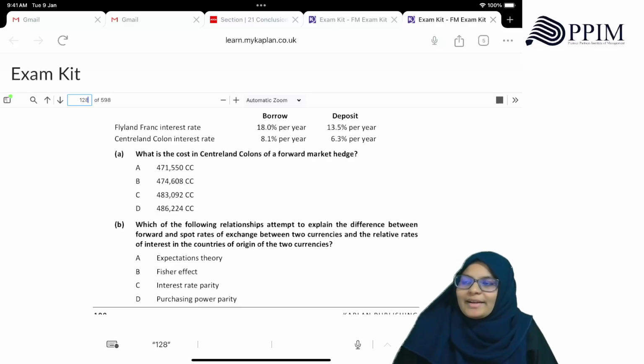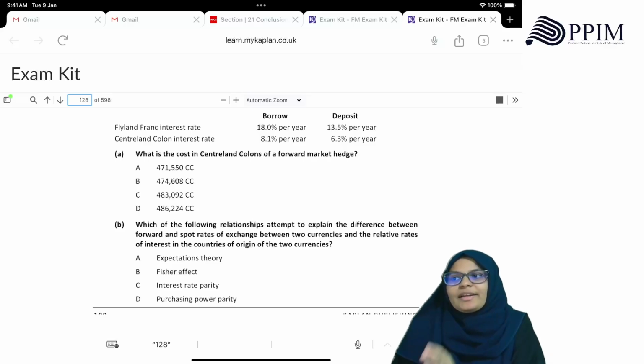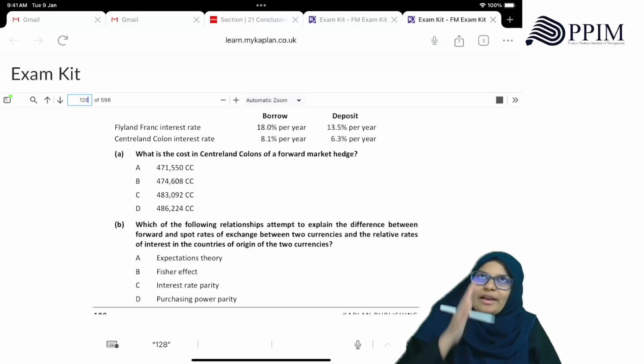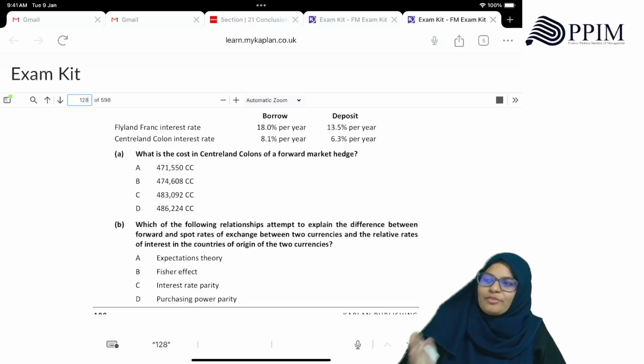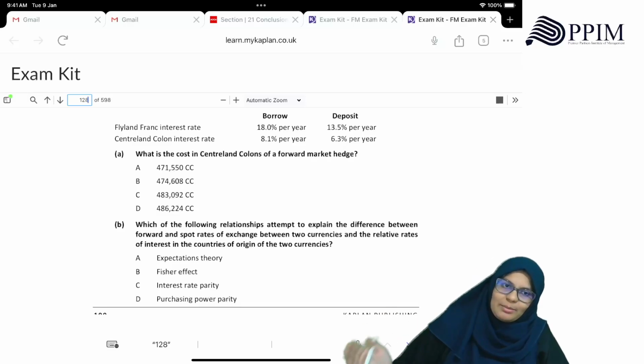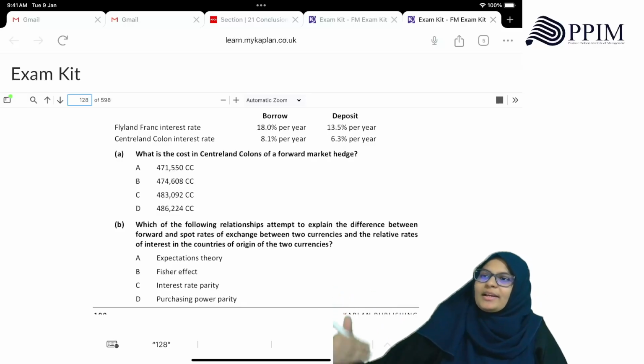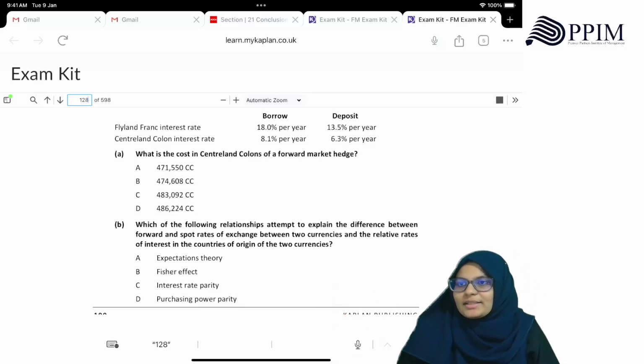For example, purchasing power parity is future spot rate, current spot rate, inflation rate. So where do we have forward, spot and interest rate in the equation? Interest rate parity. Okay, so it is the interest rate parity theory, where the forward F1 equals S0 times 1 plus the interest rate of the counter currency divided by 1 plus the interest rate of the base currency. Okay, so the answer there will be C.